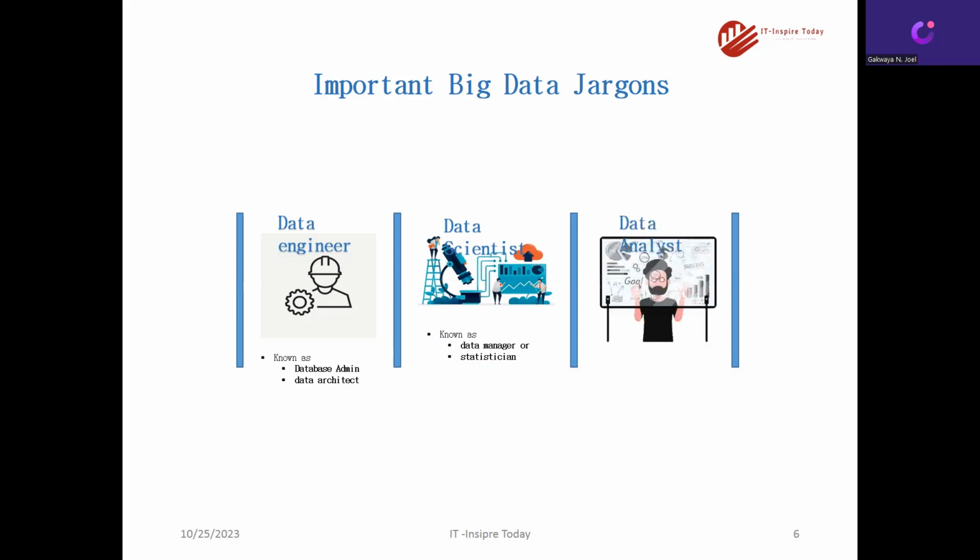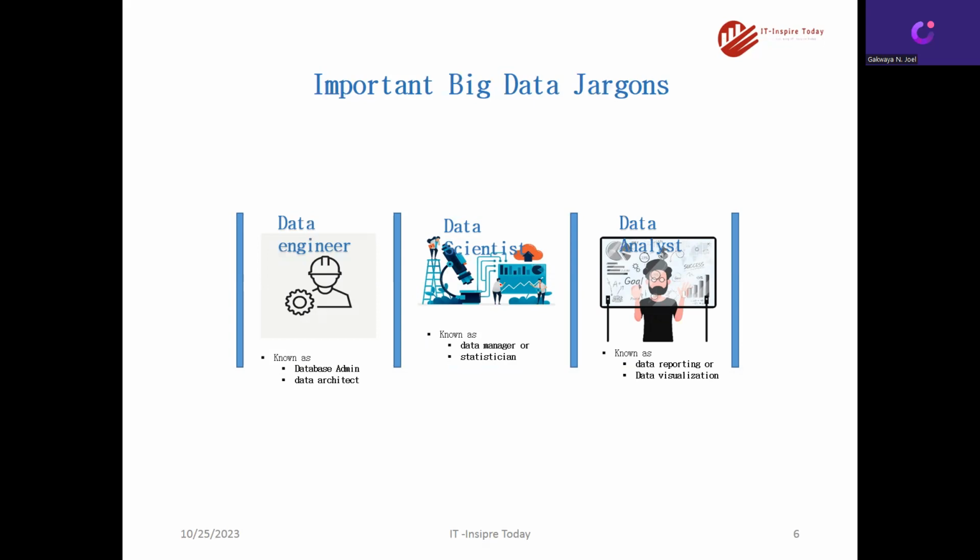Another one, we have a data analyst. A data analyst does data visualization and also data reporting. Now you understand who you are. You may want to be a data analyst, a data scientist, or a data engineer. You need to choose whom you want to be.